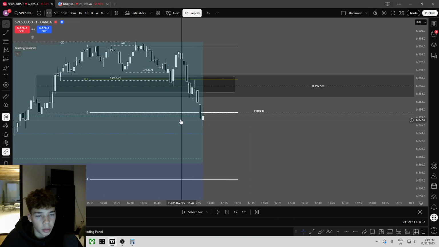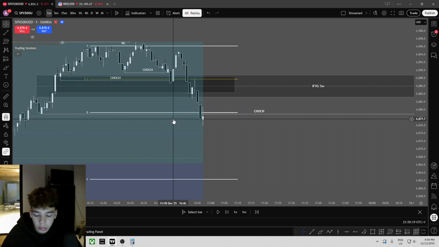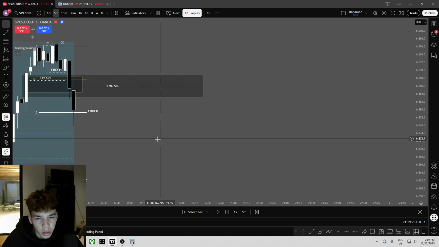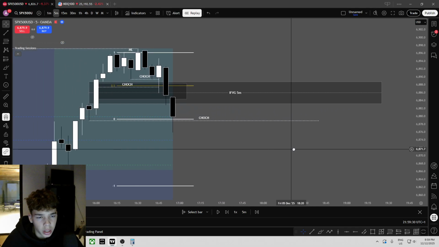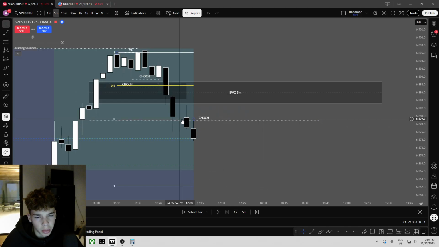Now I have my fib here, and I think since then I've learned that you should take the entry on the close of the first candle under, which would have been, actually it's close on the 5 minute, so I think this would have been my entry right here.